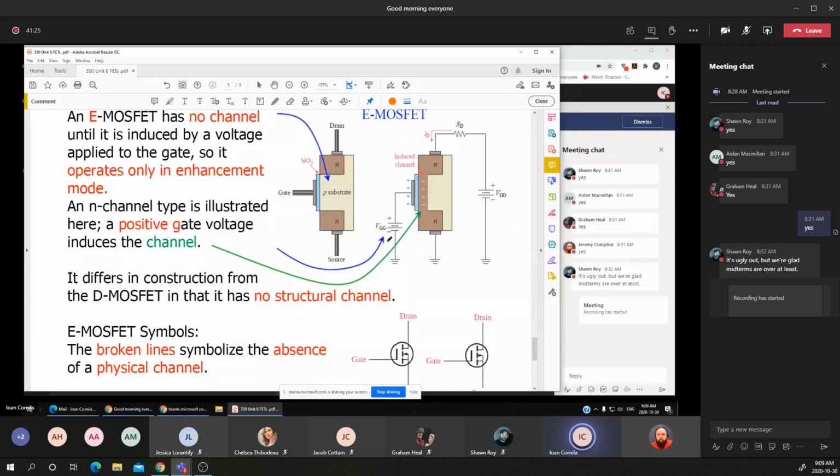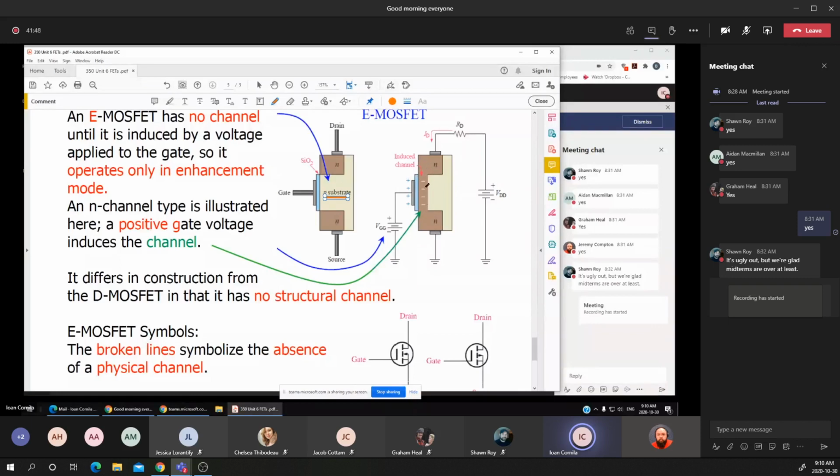Suppose that we are applying a positive voltage source, or the VGG, with a positive on the gate. Remember that the positive means that I'm having an excess of positively charged particles, which will attract the negatively charged particles from the P substrate.